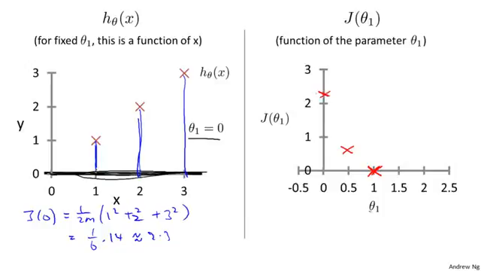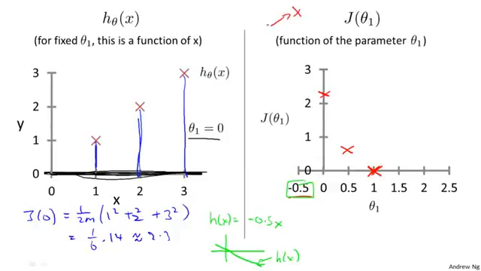And of course, we can keep on doing this for other values of theta 1. It turns out that you can have negative values of theta 1 as well. So if theta 1 is negative, then h of x would be equal to, say, minus 0.5 times x. If theta 1 is minus 0.5, that corresponds to a hypothesis with a slope of negative 0.5. And you can actually keep on computing these errors. For minus 0.5, it turns out to be a really high error.